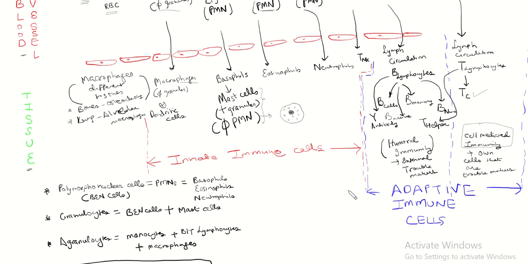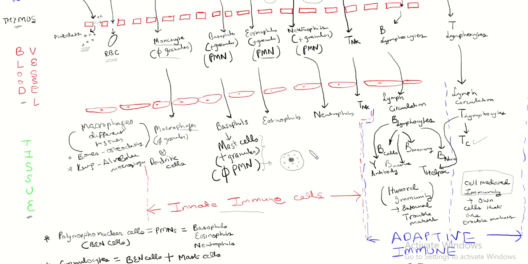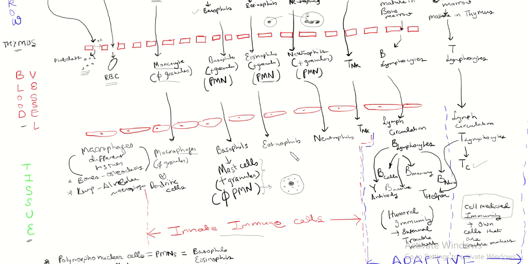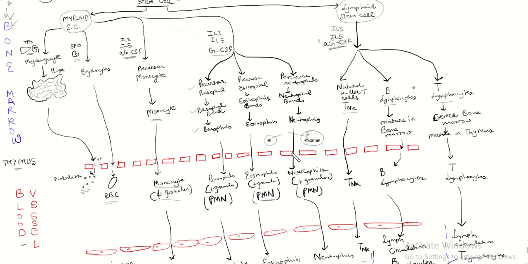Rest everything is innate immune system or innate immune cells. And that's really, really important to know. Okay? So again, innate immune cells are everything other than B and T lymphocytes. So what about basophils? Yeah, they are part of innate immunity. Why?